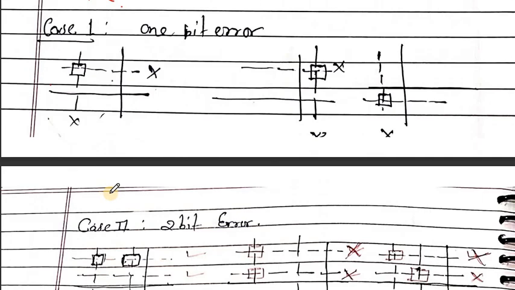When the receiver processes the matrix, it will find the cross section of the row and column where the bit is changed or corrupted. So the receiver end will change that corrupted bit. The same thing can happen in different cases.